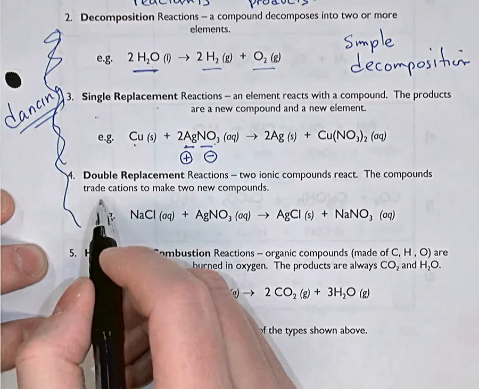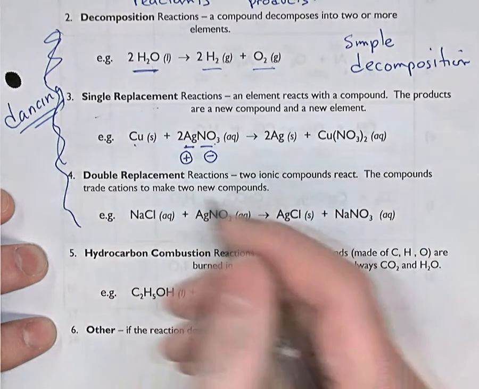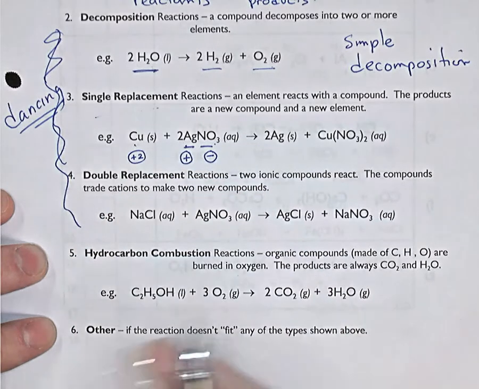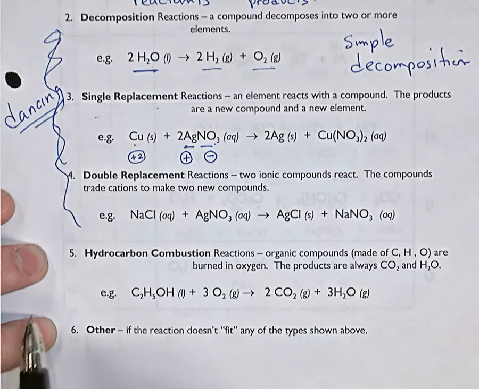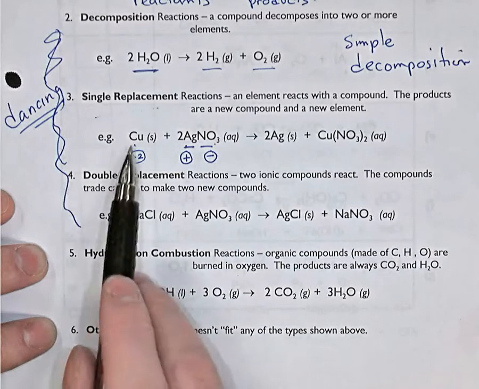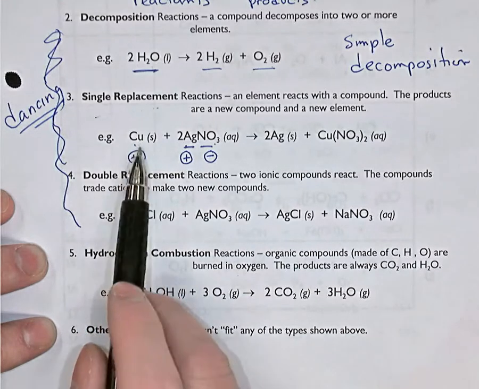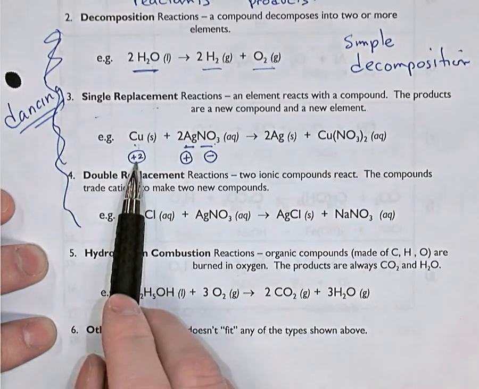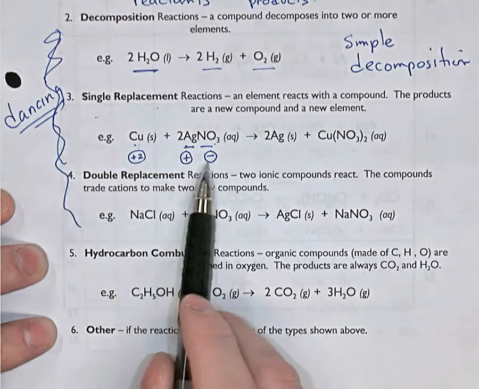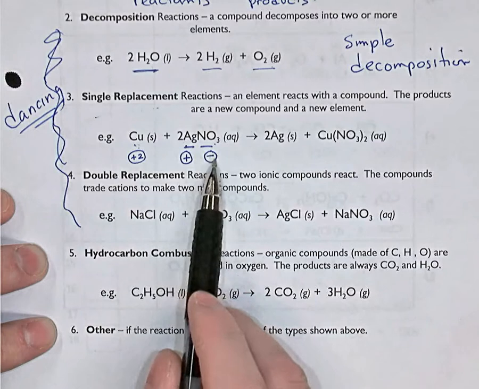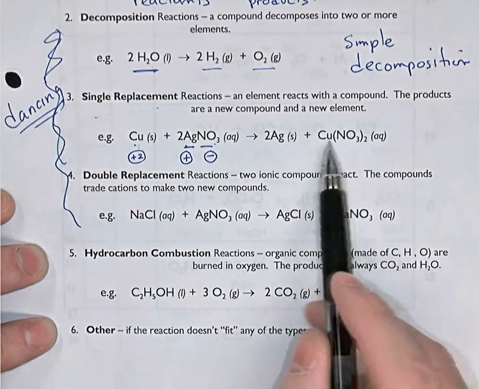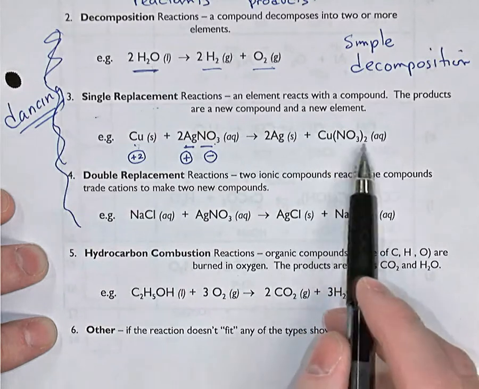But we know from our nomenclature unit that it typically becomes a charge of +2. It can actually have +1 or +2, but +2 is its most common charge. Right now, it has no charge, but it will become +2. If you know that it becomes +2, then it makes sense that it's going to be attracted to the negative ion over here, and so what you'll get is copper nitrate. Okay? You'll get copper(II) nitrate.